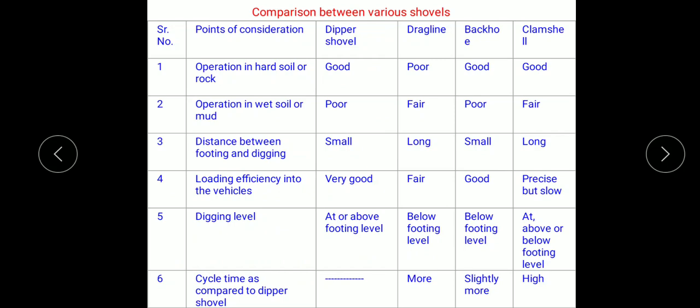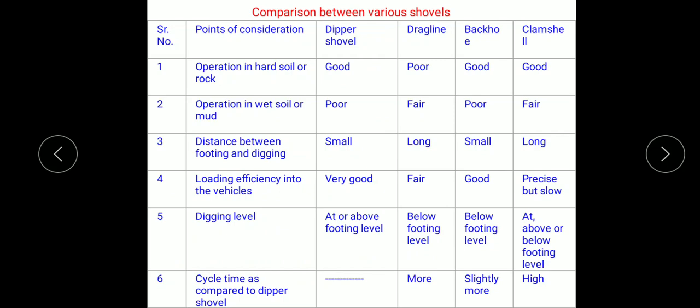For operation in wet soil, dipper shovel is poor, dragline is fair, backhoe is poor, and clamshell is fair. So generally, for operation in wet soil, clamshells are preferable. Next point of consideration is distance between footing and digging. For the power shovel, the distance between footing and digging is small.